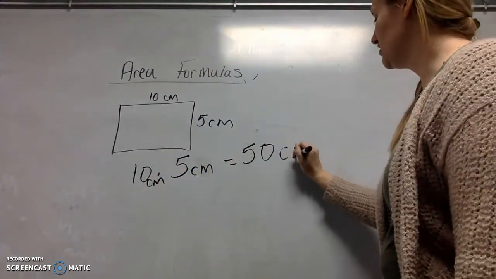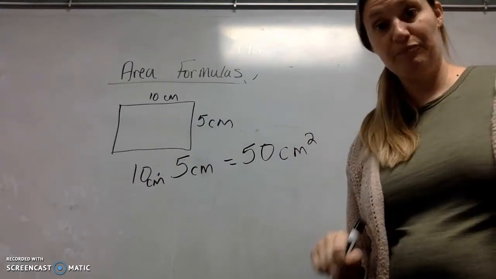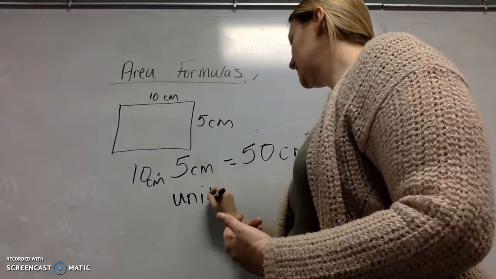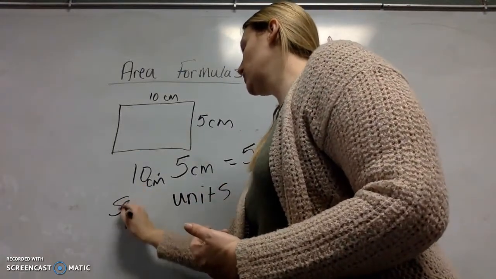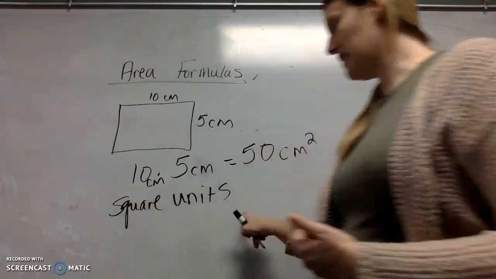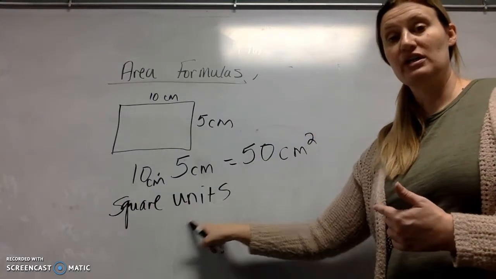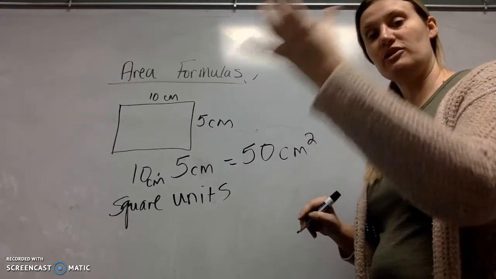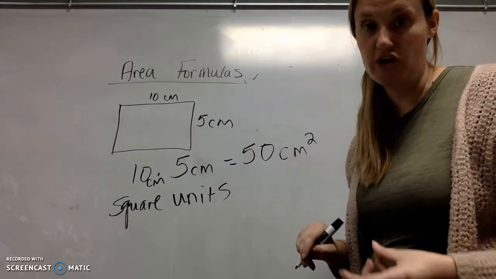Centimeters times centimeters is centimeters squared. So all area is labeled in square units. And by units, I mean centimeters, inches, feet, miles, yards. I don't care. It's square centimeters, square feet, square inches, square yards.